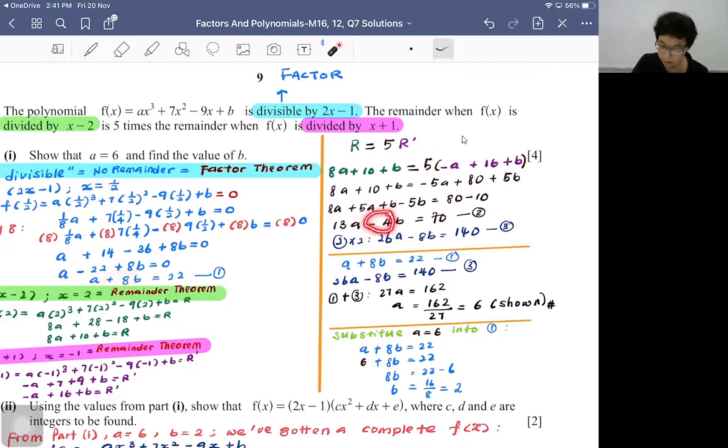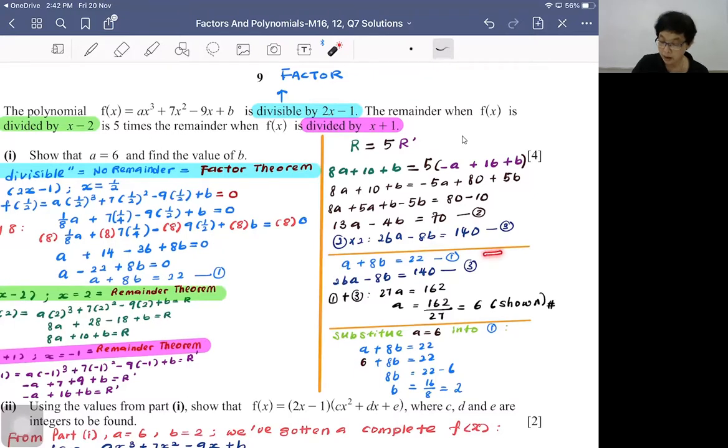This is minus 4. Therefore, I take the second equation and multiply it by 2, so that the coefficient of b has the same numerical value, which is 8. Once I multiply that, we get 26a minus 8b equals 174.